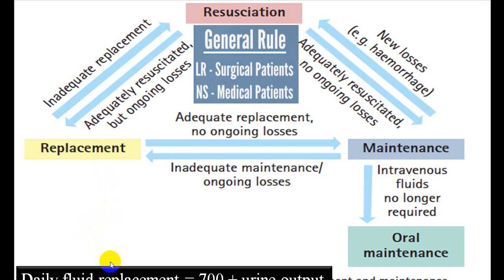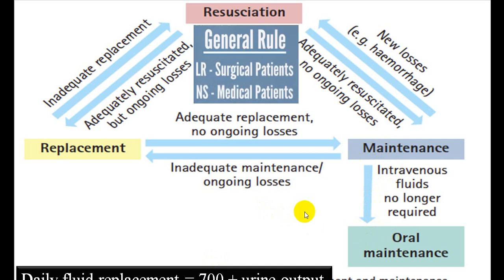And daily fluid replacement is approximately 700 plus urine output. So if urine output is say 2 liters, you will have to replace 2700, and say urine output is 1 liter, 1700. And once the person becomes stable, now if he can take orally, you switch over to oral maintenance.